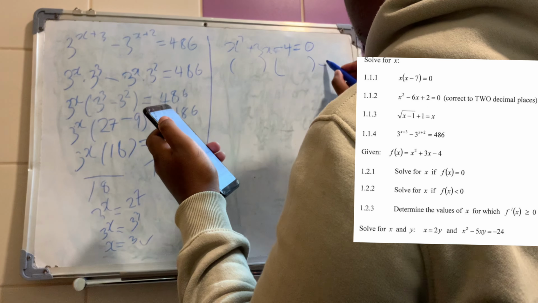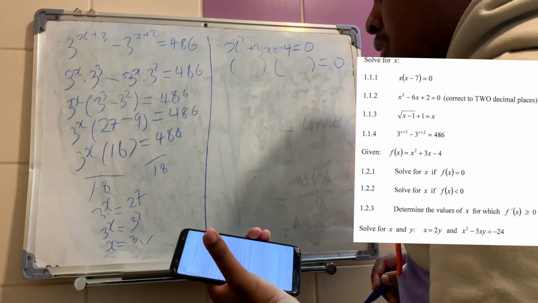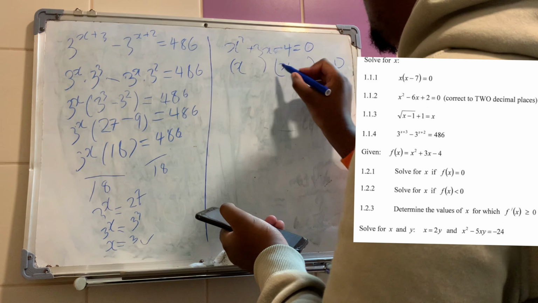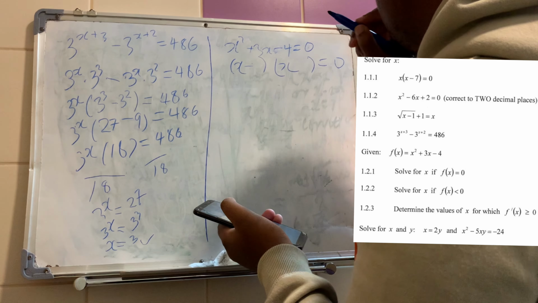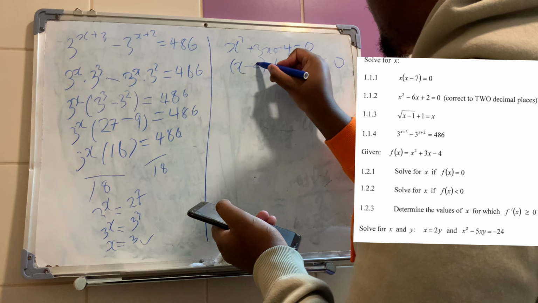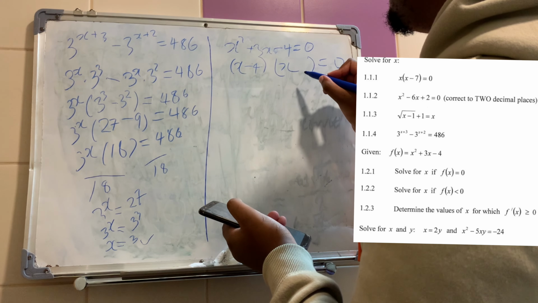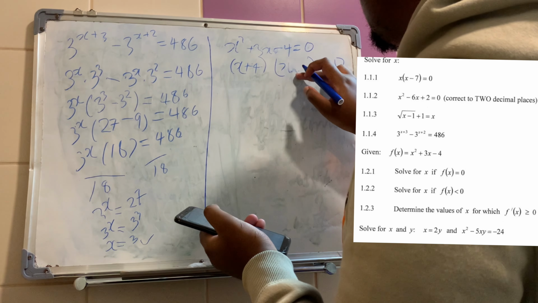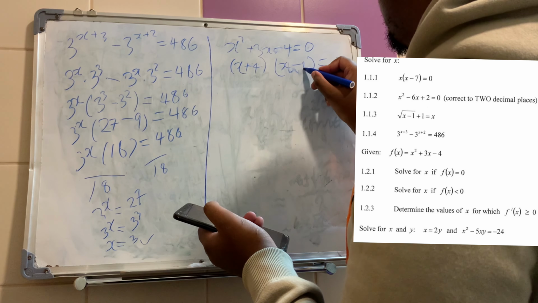So you're going to look for your factors, or use the quadratic formula. So it's going to be x plus 4 and x minus 1.